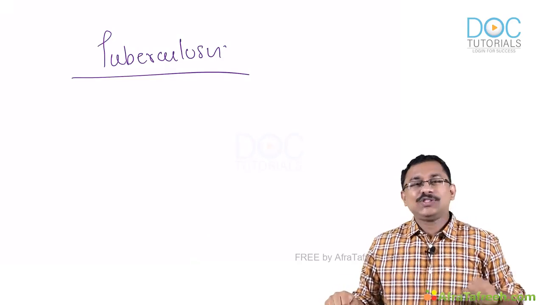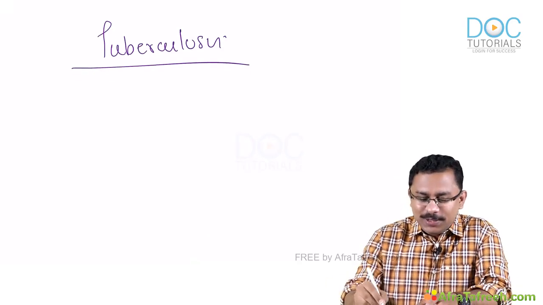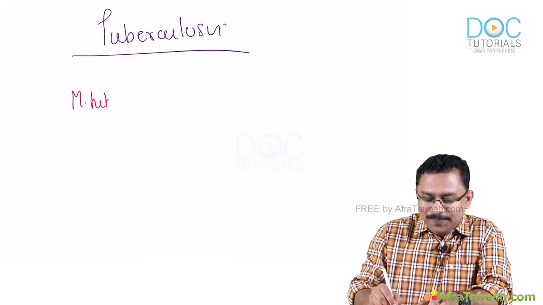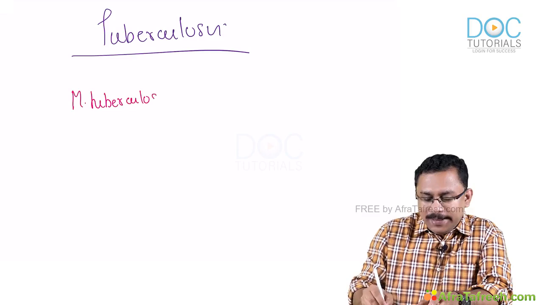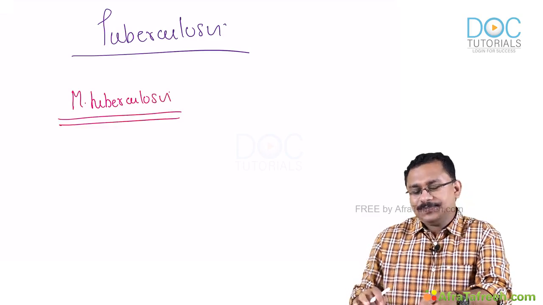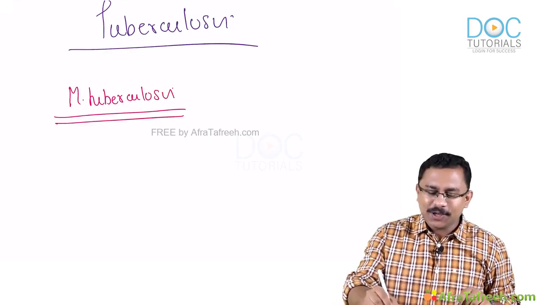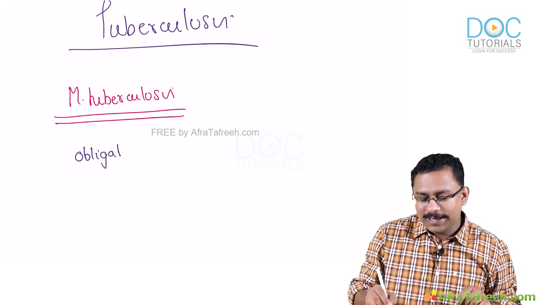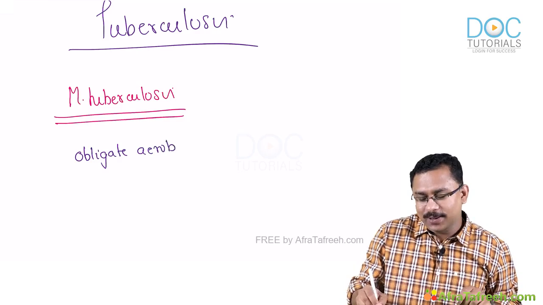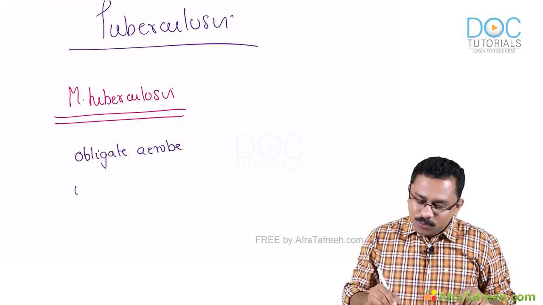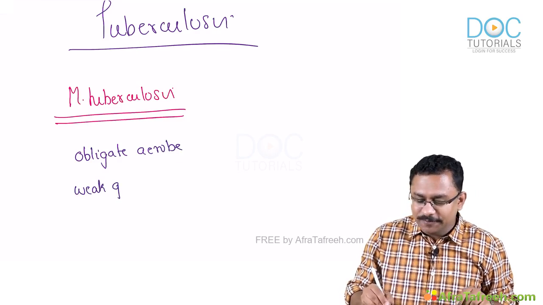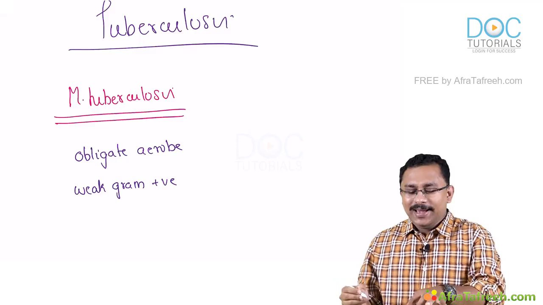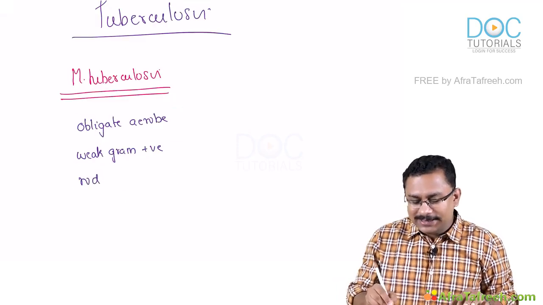So this tuberculosis, as you all know, is caused by the organism Mycobacterium tuberculosis. Just a few properties of this organism. This is an obligate aerobe, a weak gram-positive bacillus, and this is a rod-shaped bacillus.